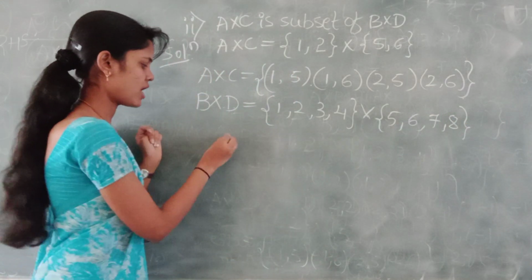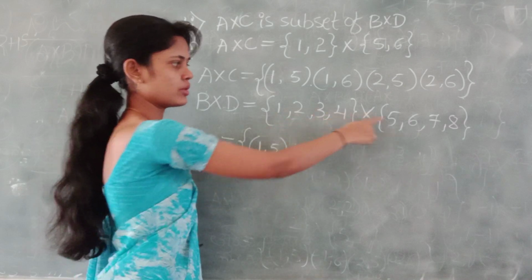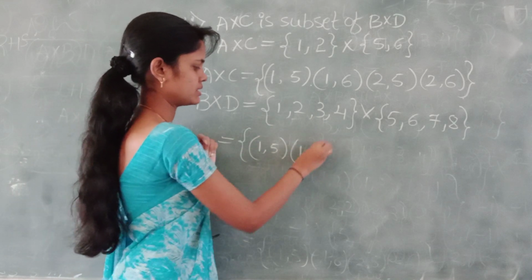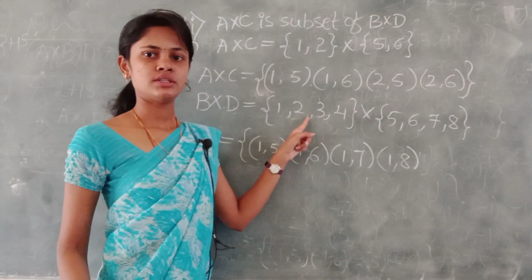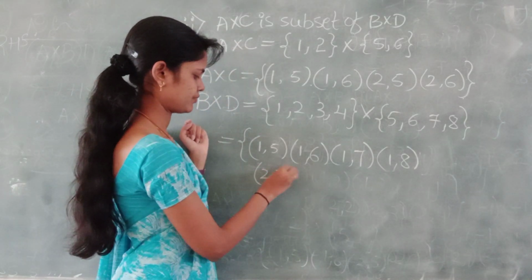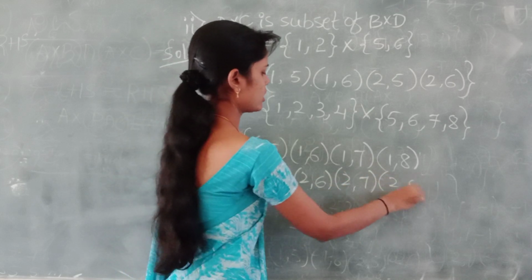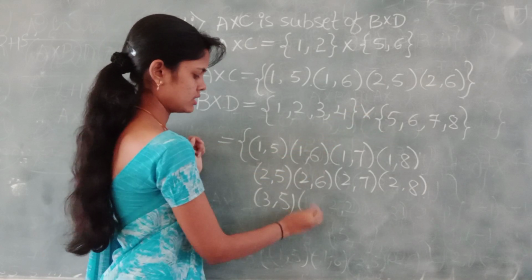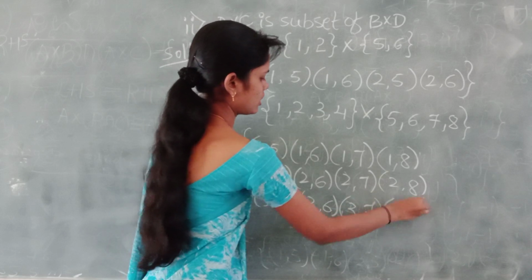Therefore we write the ordered pairs: (1,5), (1,6), (1,7), (1,8). Then the same for 2: (2,5), (2,6), (2,7), (2,8). Then (3,5), (3,6), (3,7), (3,8).